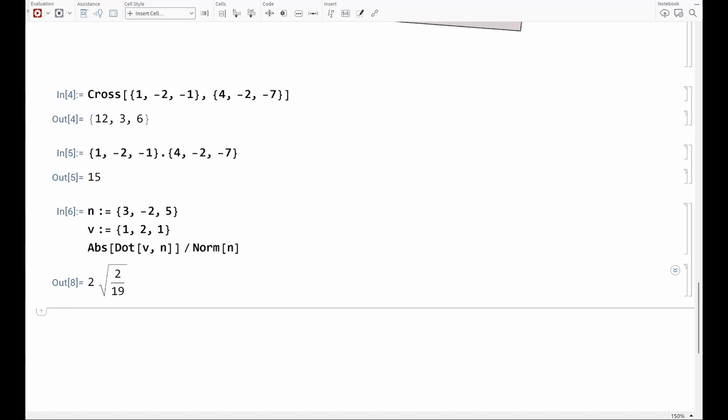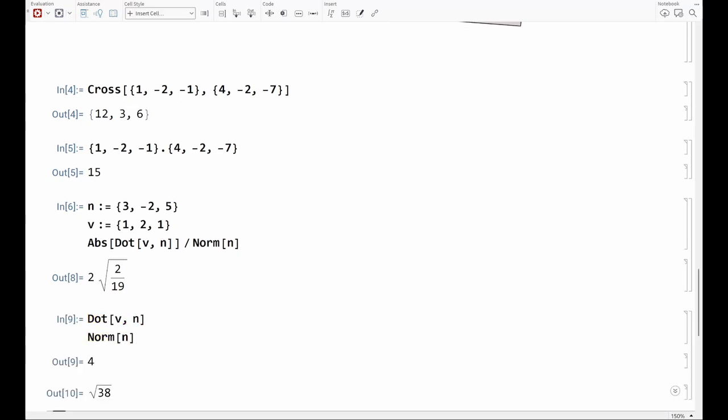Yeah, that's what it would get when it simplifies. Versus if you do it by hand, you don't just do all that. 4 over root 38, which Mathematica decides they want to write as 2 times root 2 over 19. I don't get it. But they're both acceptable.